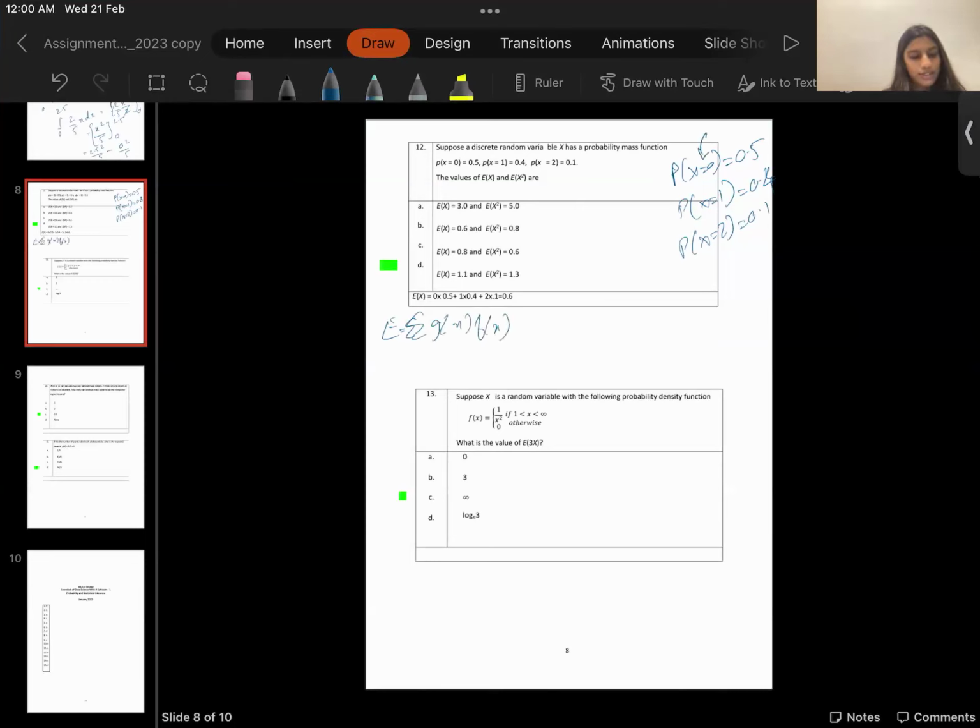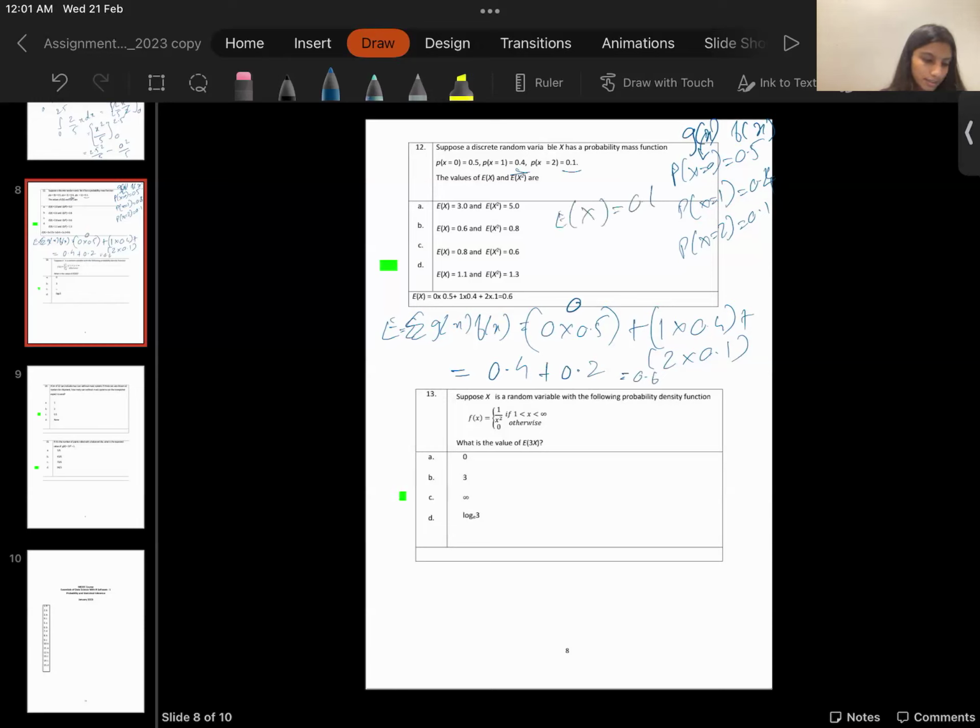So here this is g of x, this is f of x. So you just do 0 into 0.5 plus 1 into 0.4 plus 2 into 0.1. If you solve this, you get 0, 0.4 into 1 is 0.4, plus 2 into 0.1 is 0.2. So 0.4 plus 0.2 is 0.6. So E of x is equal to 0.6.